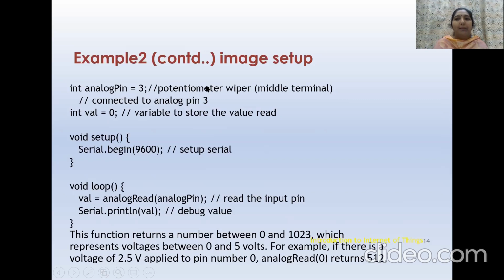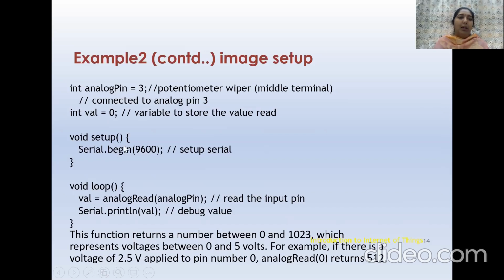This potentiometer gives outputs in the range of 0 to 1023, which means it gives 1024 values. Whenever we have a larger range of values, we have to deal with analog values. Because of that, this potentiometer is connected to the analog pin, here A3.